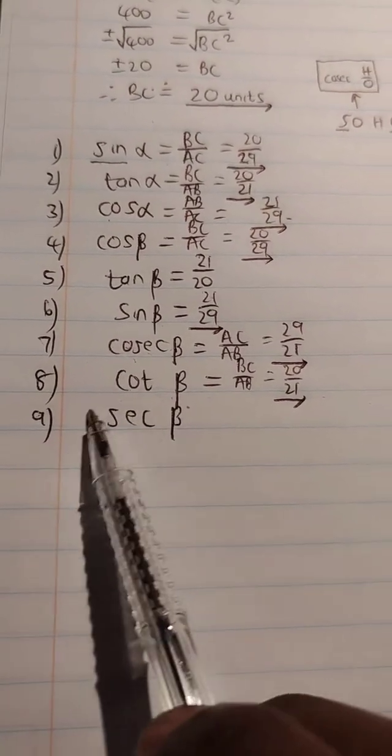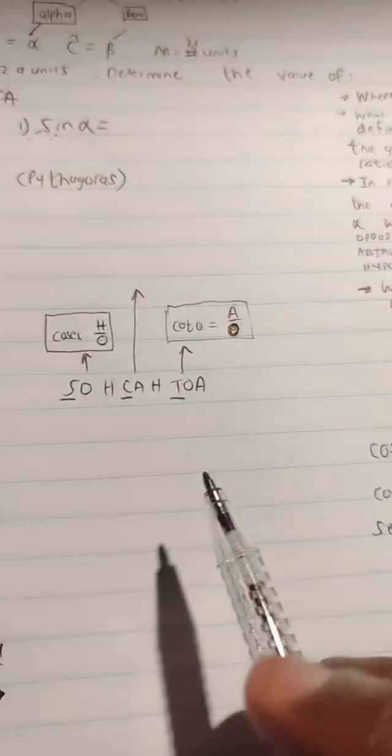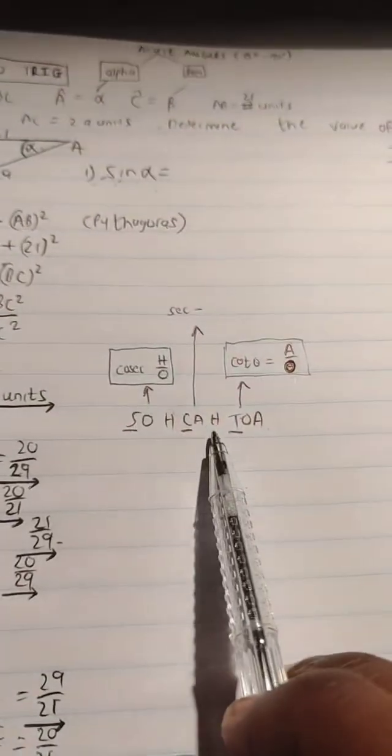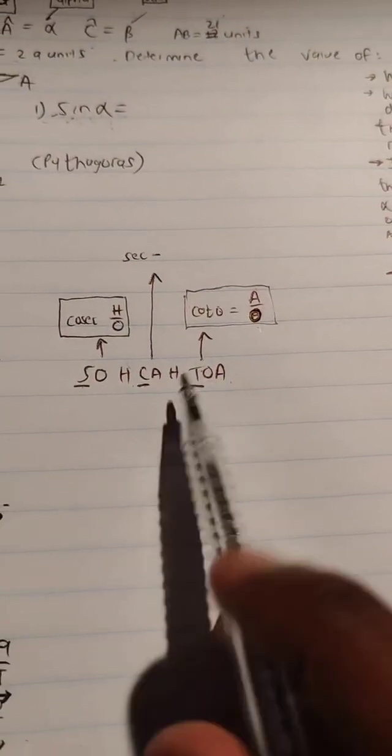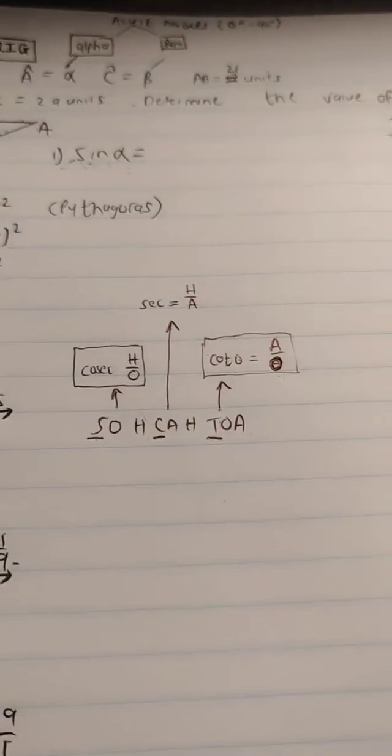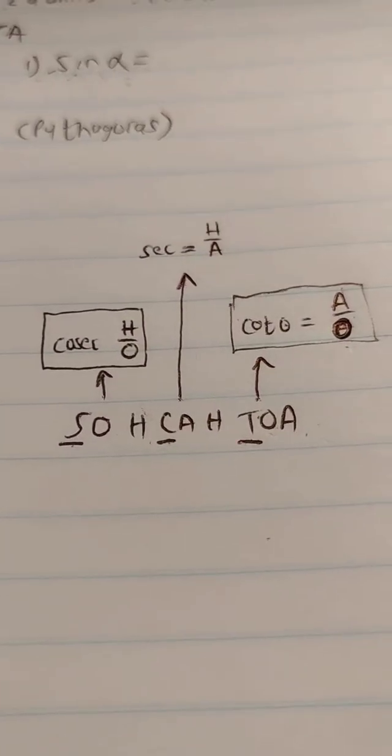Sec is the reciprocal of cos. Generally speaking, if I want to express sec in terms of cos, then I say 1 over cos. But remember, that means that cos is the reciprocal of sec. Sec will always be, if cos is adjacent over hypotenuse, then sec is hypotenuse over adjacent.